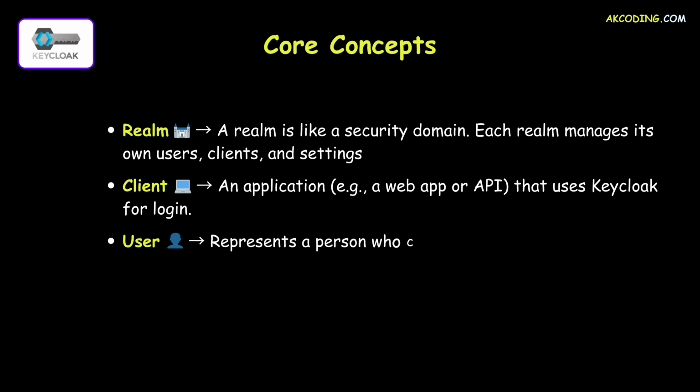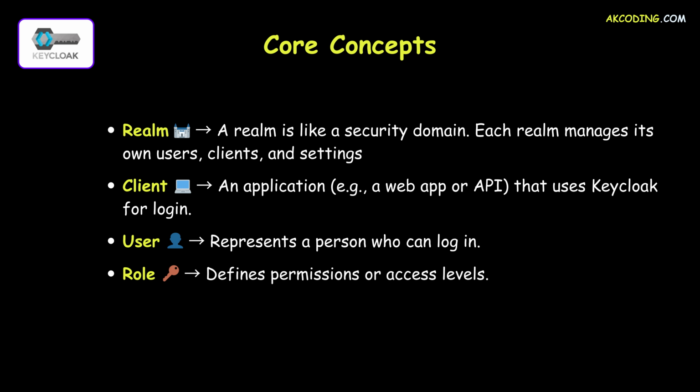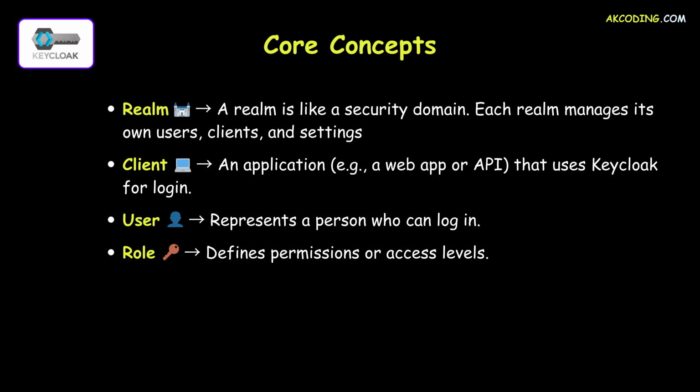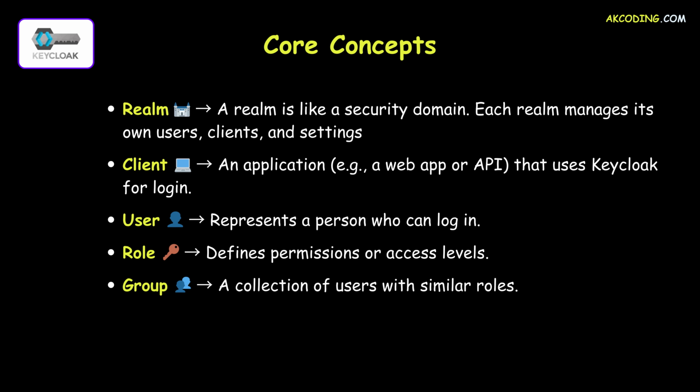User, it represents a person who can log in. Role, it defines permissions or access level. Group, a collection of users with similar roles. You can think of it as realm, that is the environment, client, that is the app, user, that is the person, role, that is the access rules.